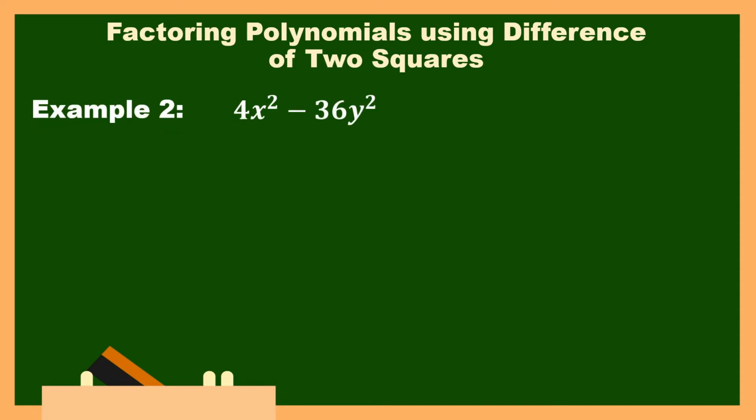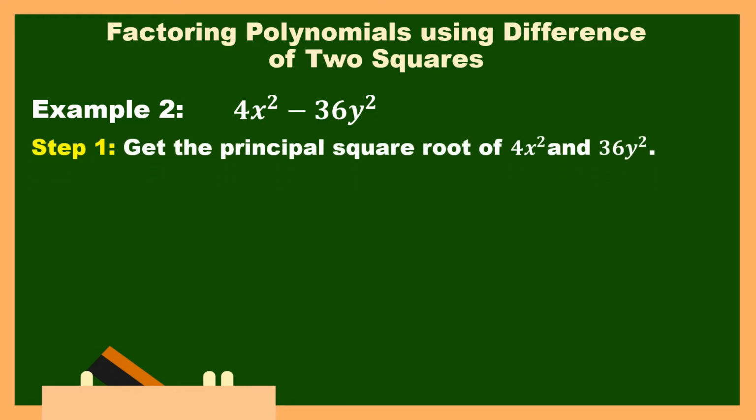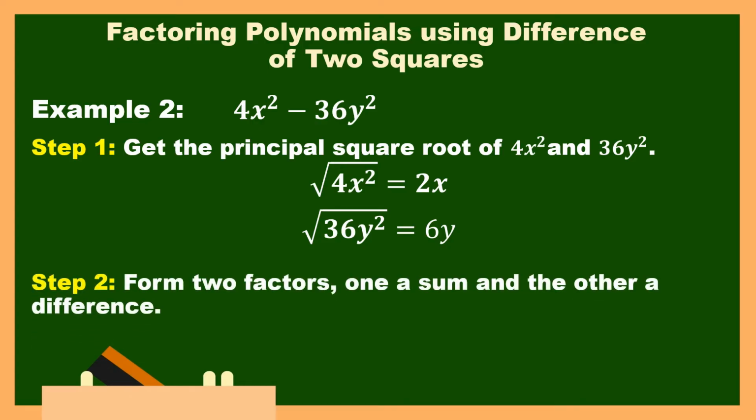4x squared minus 36y squared. Ang ating unang gagawin ay kukunin ang principal square root ni 4x squared at 36y squared. So, the square root of 4x squared is equal to 2x. And the square root of 36y squared is equal to 6y. Then, ang susunod natin gagawin ay magpo-form tayo ng dalawang factors.